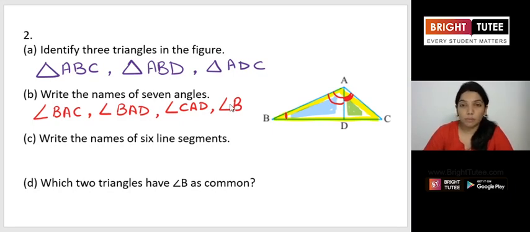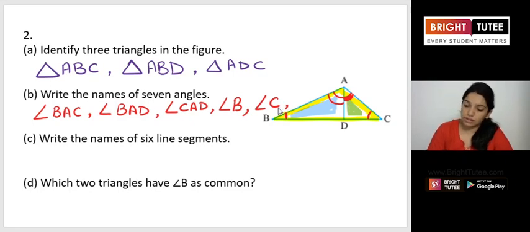Because this particular point B has got only one angle, right? We don't see any other angle which is sharing this as a common point. So we can write this as angle B. Now similarly we can write angle C as well, and again it is not sharing any other angle with it, so we can simply write it as angle C. How many are done? 1, 2, 3, 4 and 5.